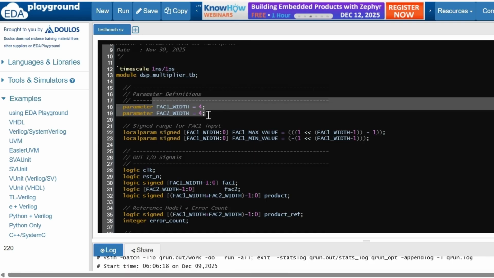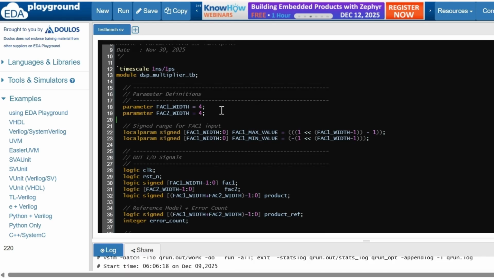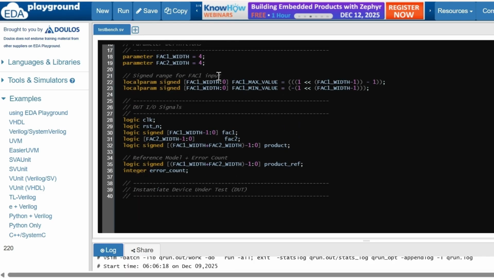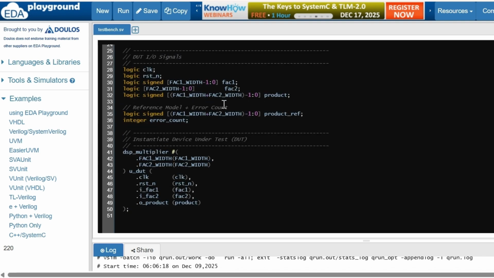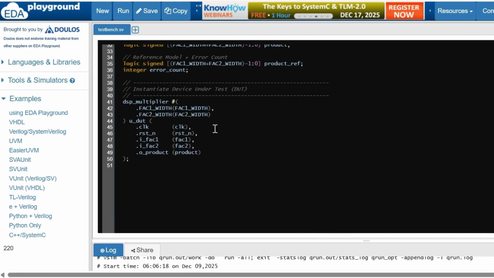We have the variable input factor width, and here we are deriving the expression to find the maximum value of factor 1, which we are considering as a signed number, that is, what the maximum and minimum values are that we can derive on the signed input of the multiplier. Then we have the DUT input output ports, as well as the TB internal variables to calculate the reference value, which we will compare with the DUT output values.